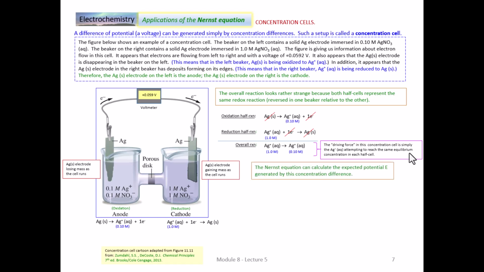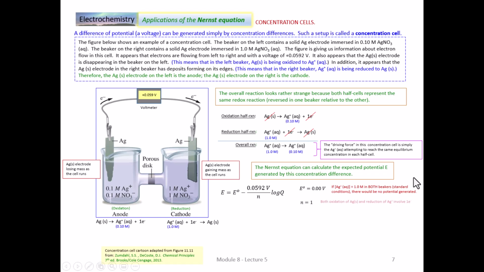Now the Nernst equation can calculate the expected potential generated by this concentration difference. Well, how would it do that? Here's the Nernst equation. The standard potential, E0, would be 0, because if the silver ion concentration were 1 molar in both beakers, that would be standard conditions. There would be no potential generated.